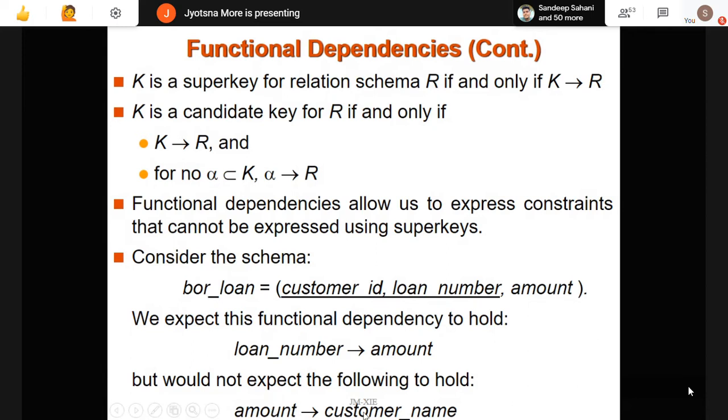That is a worst case or exception case where this is true. But a non-key attribute determining a key attribute or some other attribute is not always true. But you can make this true with the help of functional dependency. With the help of the super key, it is not at all possible. Okay, so that we will see when we go for normalization.